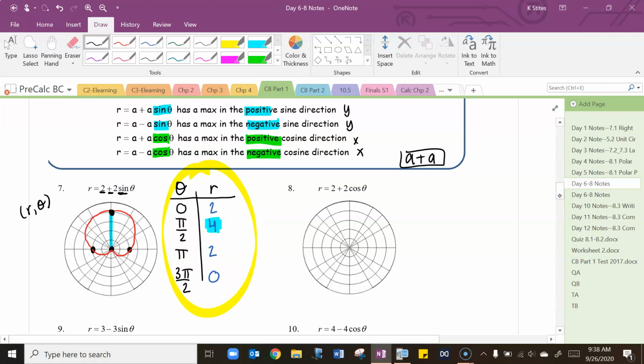All right, let's try these next 3. Again, you're always going to use the same angles here: 0, pi over 2, pi, 3 pi over 2. Cosine of 0 is 1. 2 times 1 is 2, plus 2 is 4.